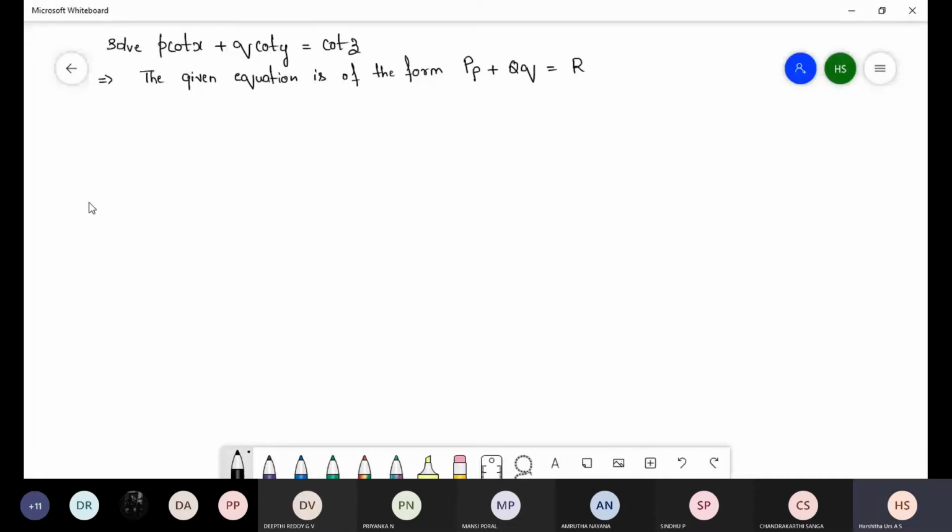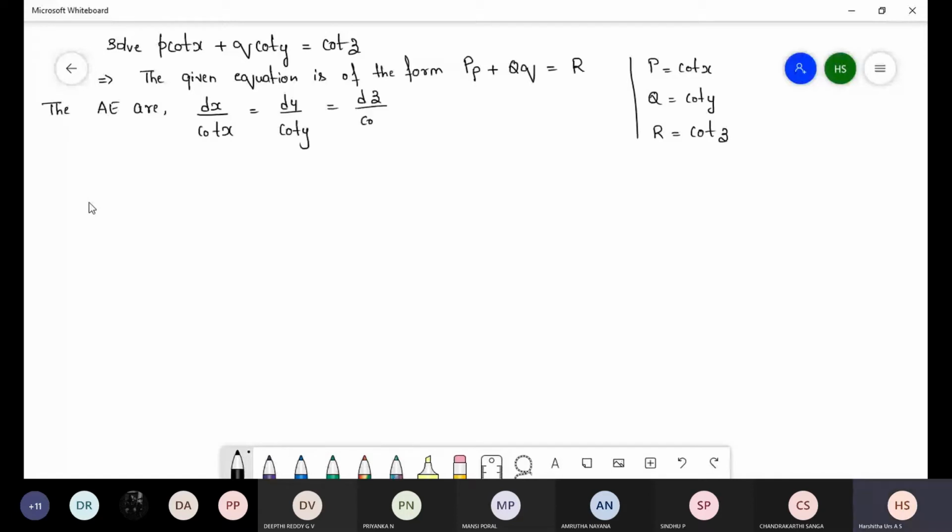The auxiliary equations are dx divided by capital P is cot x. Here we can write P is equal to cot x, Q is equal to cot y, R is equal to cot z. That is, dx divided by cot x is equal to dy divided by cot y is equal to dz divided by cot z.